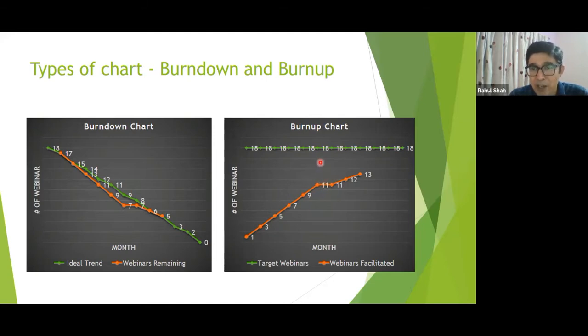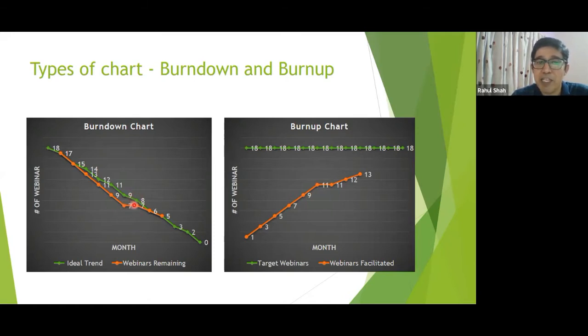Now understand this very carefully, the scope is constant. That means I have not worked, or the team has not worked on anything on this one. But if the scope is increased, say from 180 to 200, and the team worked on 20 story points, then also it will not reflect anything.